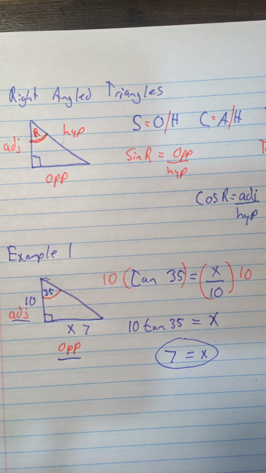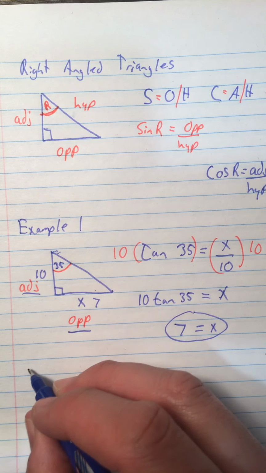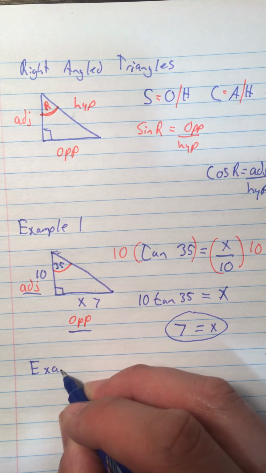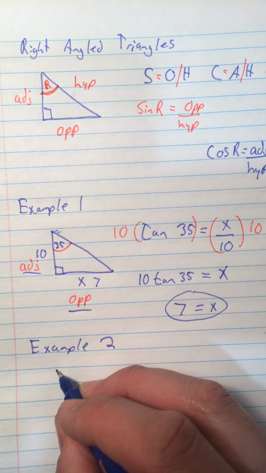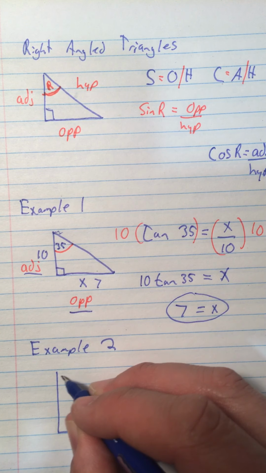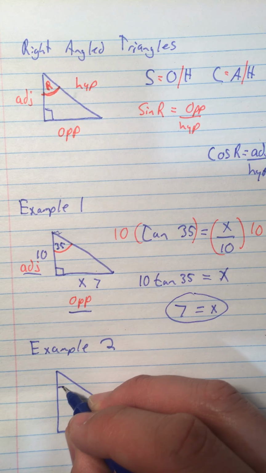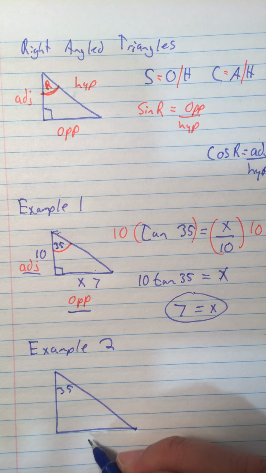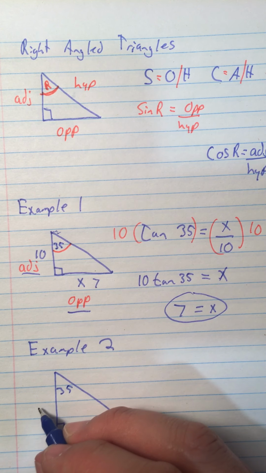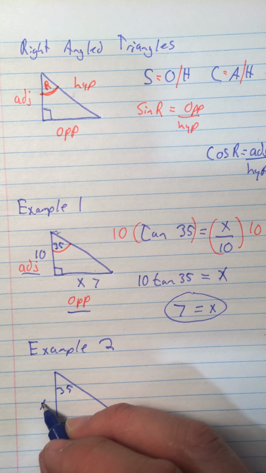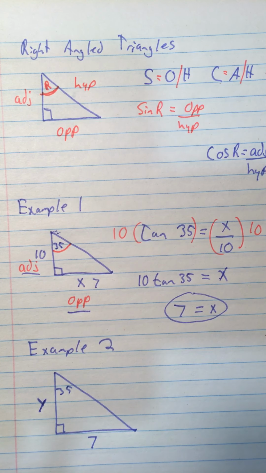Now, let's take a look at the same example, but let's say we didn't know what the adjacent was. We know that we want to get 10. So let's look at example 2. Same triangle, 35 degrees. You're given 7, and you want to find, we'll call this y, that side there.